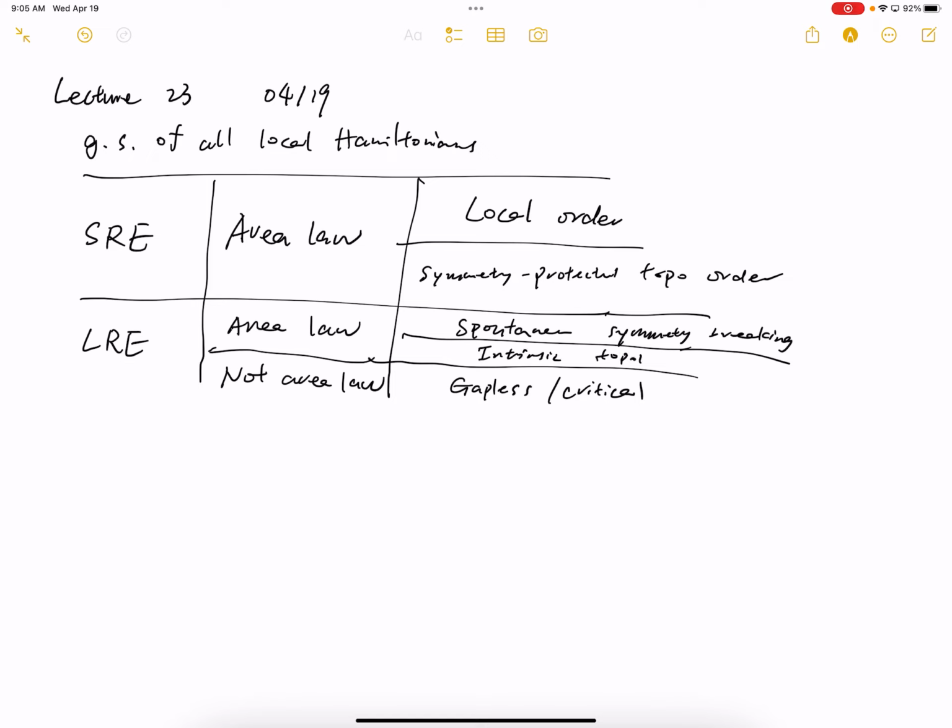We briefly described it at the end of the last lecture. These are the states where no matter what kind of perturbation you add, as long as it's a local perturbation, the ground state is always a long-range entangled state. So you cannot disentangle them into a product state with a finite depth quantum circuit. One example is the Majorana fermion.